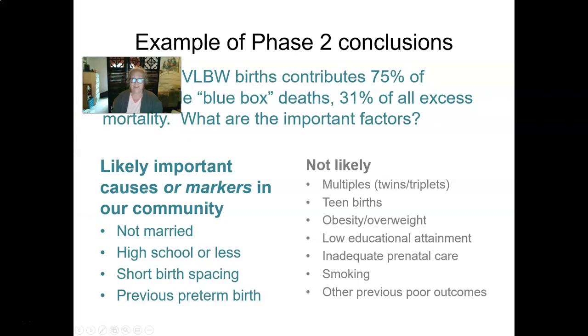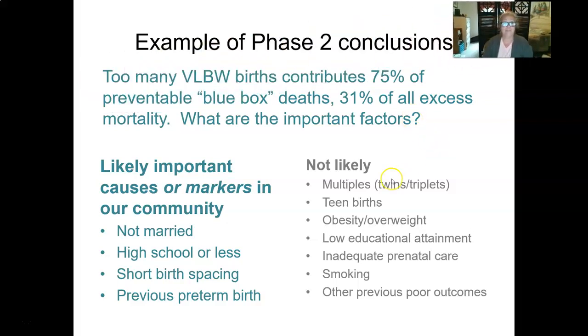And here are some examples of what you might bring to a community after the PPOR analysis is done. So in this case, we found that too many very low birth weight births contribute 75% of our preventable blue box deaths, 31% of the whole excess mortality, and we found that the factors that seem to be important in our community are not being married, having a high school education or less, short birth spacing, and previous preterm birth.